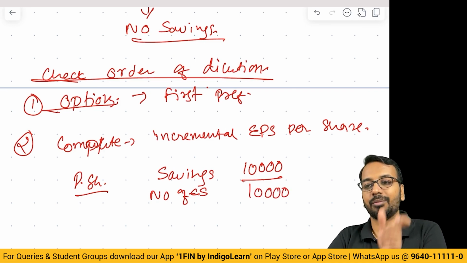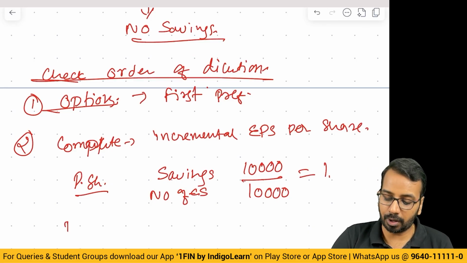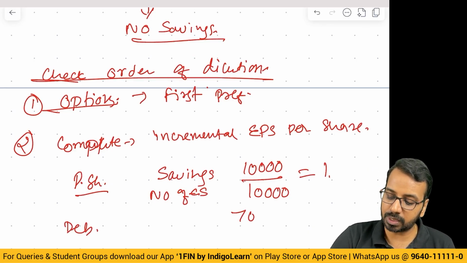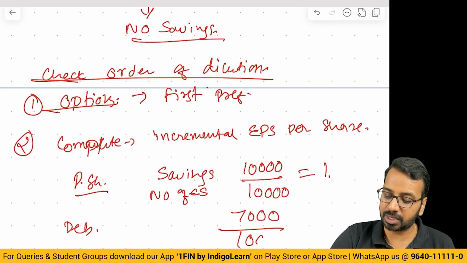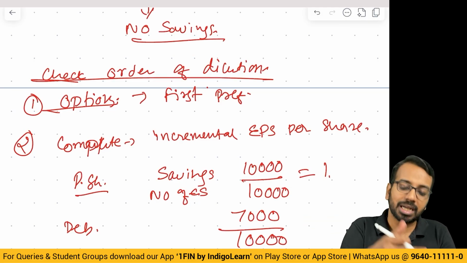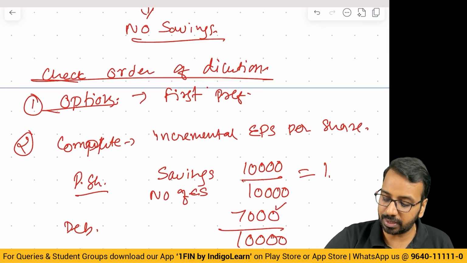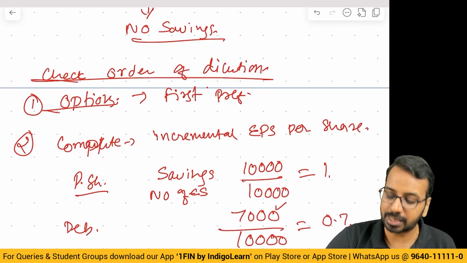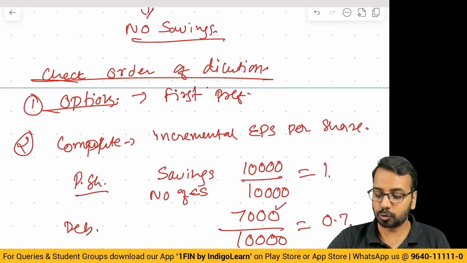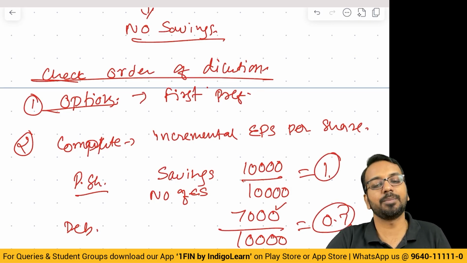So savings divided by 10,000, 10,000 divided by 10,000, it is 1. For debentures, savings was 7,000, and assume the number of shares are 1,000. Number of shares means after conversion, how many shares do we have? So 7,000 divided by 10,000, this is 0.7. So here incremental EPS is 1, incremental EPS is 0.7.